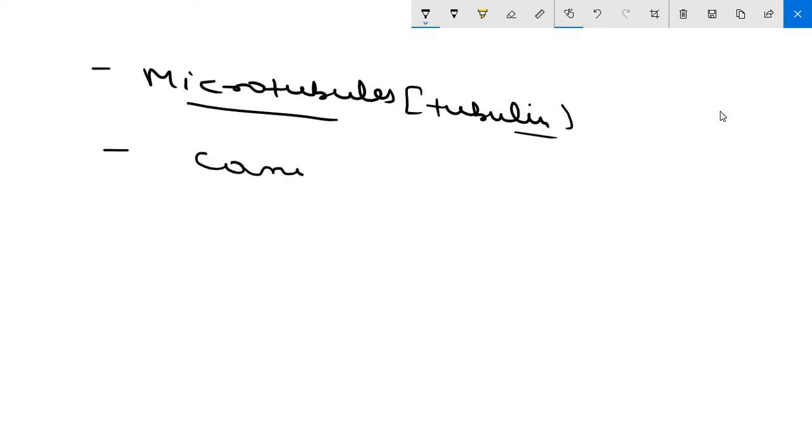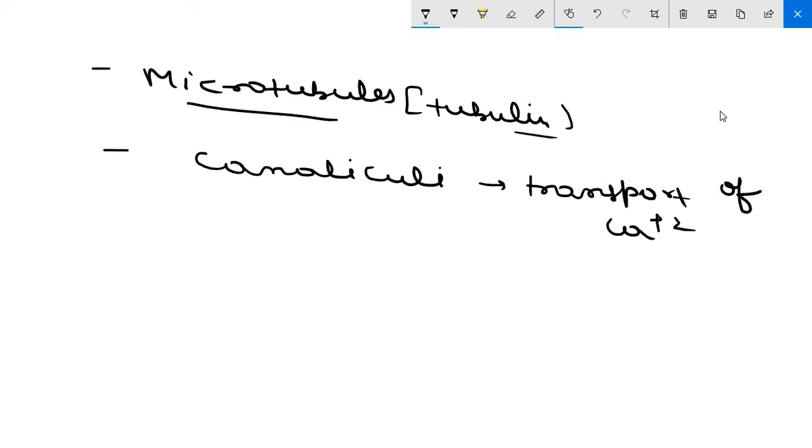The canaliculi present in the platelet project deep into the cell from the cell surface, facilitating the transport of calcium ion, because calcium is required during coagulation. Clear? Receptors are also present on the cell surface, which help in binding with the von Willebrand factor. We will discuss receptors in a separate discussion.